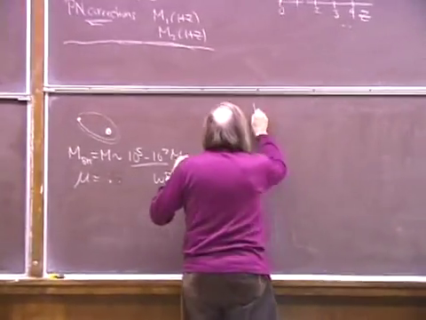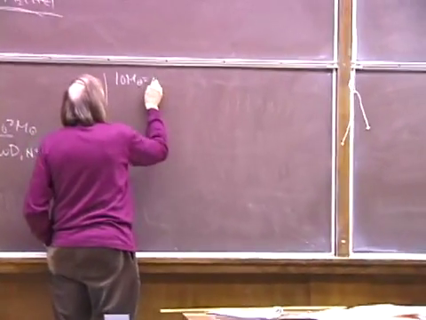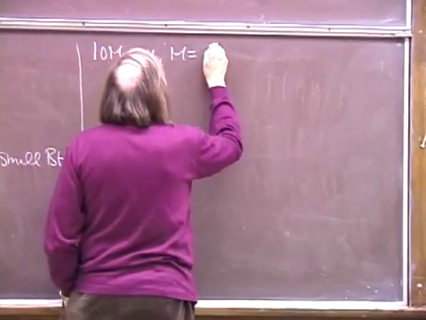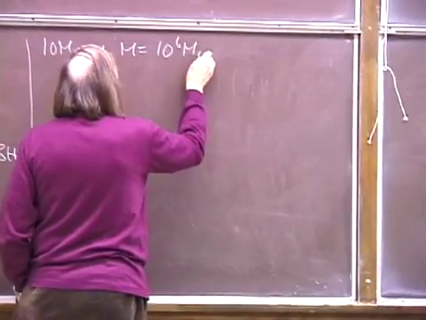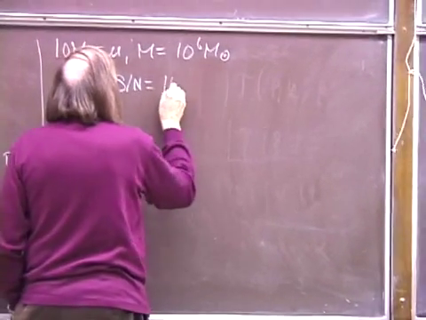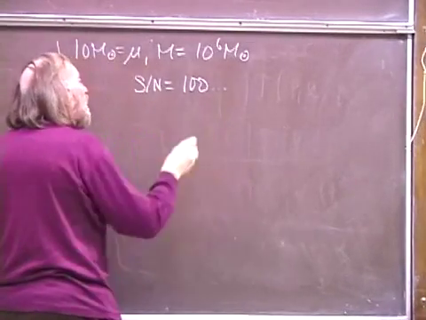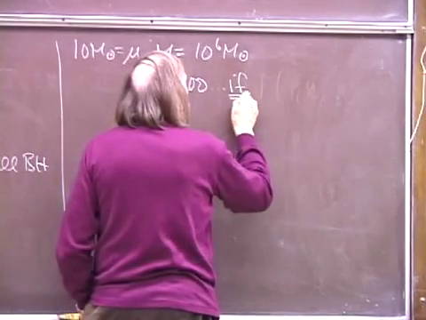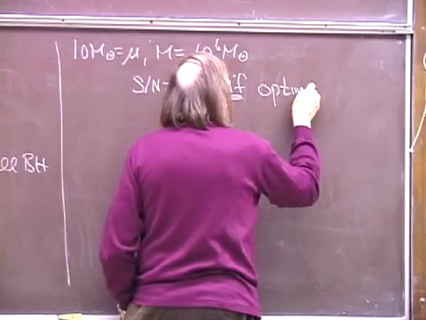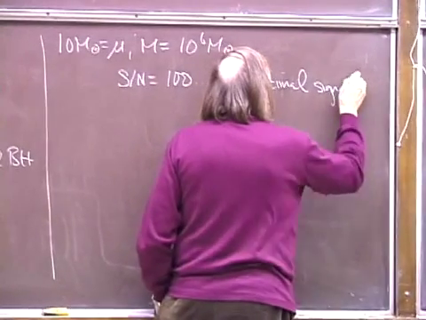So some numbers. This is a 10 solar mass object, mu. The mass of the big black hole is 10 to the 6 solar masses. The signal-to-noise ratio is about 100 if we do optimal signal processing, and we'll talk about precisely what optimal signal processing means next term.